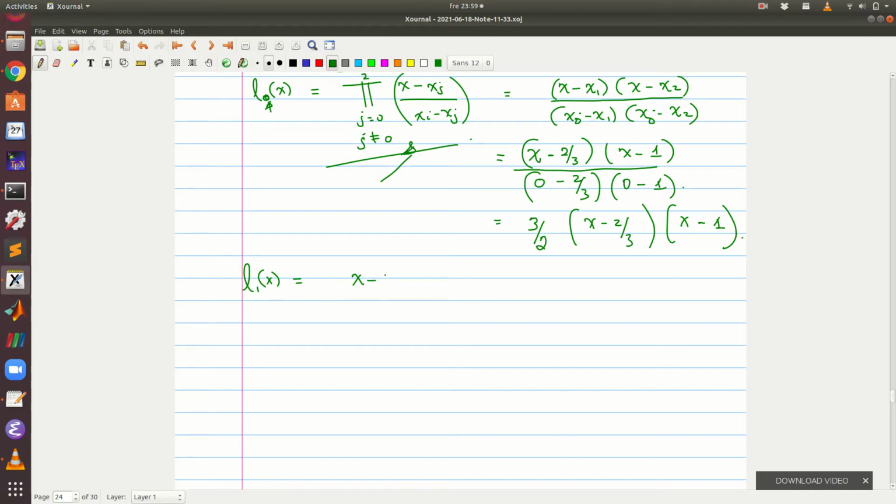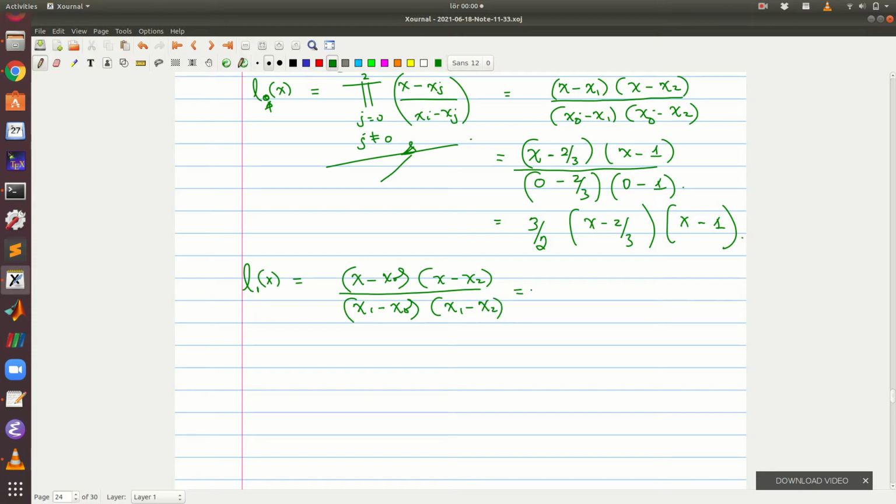Okay, we simply exclude the point x1 here. So we shall write x minus x naught, x minus x2, divide by x1 minus x naught, and then this is x1 minus x2.